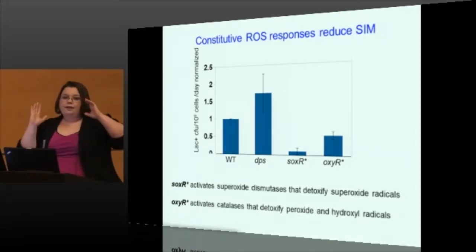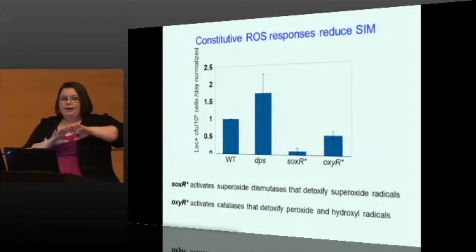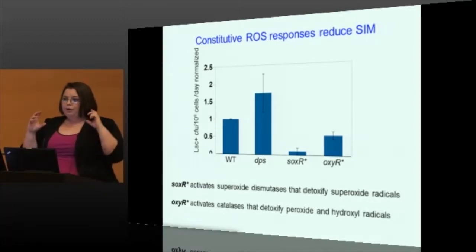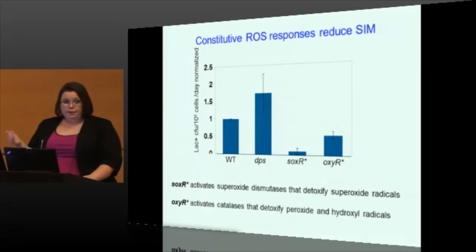And then you have the oxy-R response, which takes care of hydrogen peroxide and hydroxyl radicals. Well, constitutive active alleles mean that even in the absence of inducing ROS, we still get high levels of expression of all of those detoxifying genes. So we're decreasing the basal level of ROS in these cells. And we find that in both cases, we dramatically reduce mutation formation.